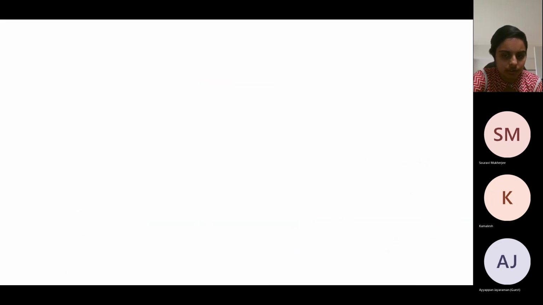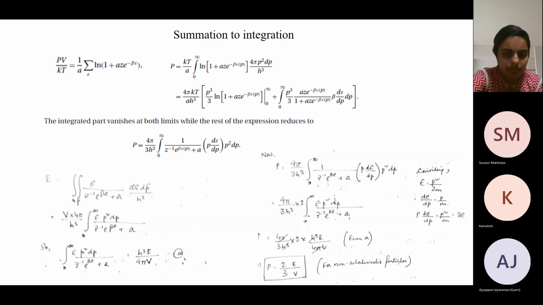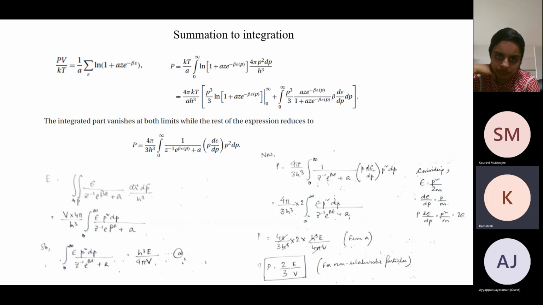Do you get this E by V term? And then what do you get in the coefficient? 1 by 3 E by V.